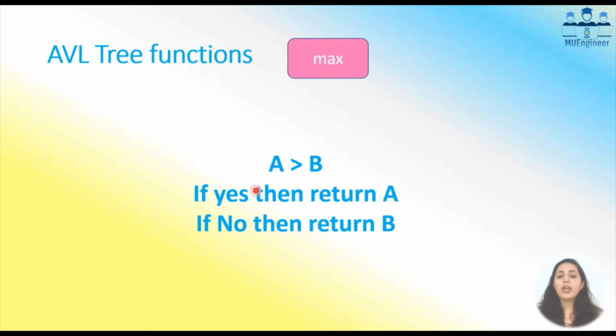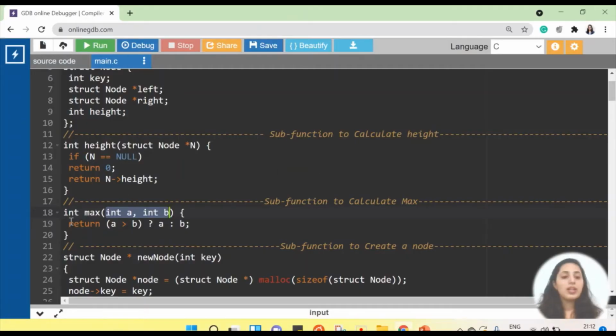That means this function overall returns the maximum value among a and b. That is done with this one line of code, and it returns an integer value, that is nothing but the maximum value among a and b. So this is all about the integer max function.